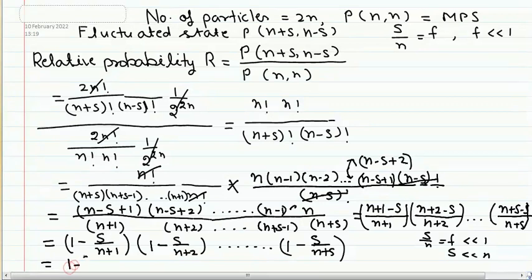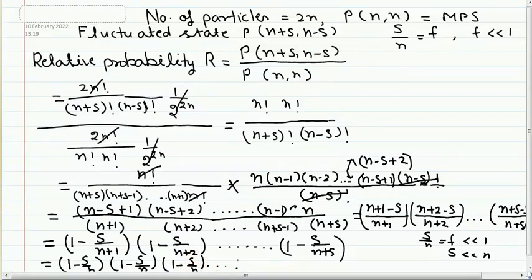It will be 1 minus s by n, and again the second factor will be 1 minus s by n, the third is again 1 minus s by n, and so on. The last term will be again 1 minus s by n, because we have neglected this 1, 2, 3, 4 up to s in comparison to n, because these numbers are very less than n. This we have already assumed, the fluctuation is less.